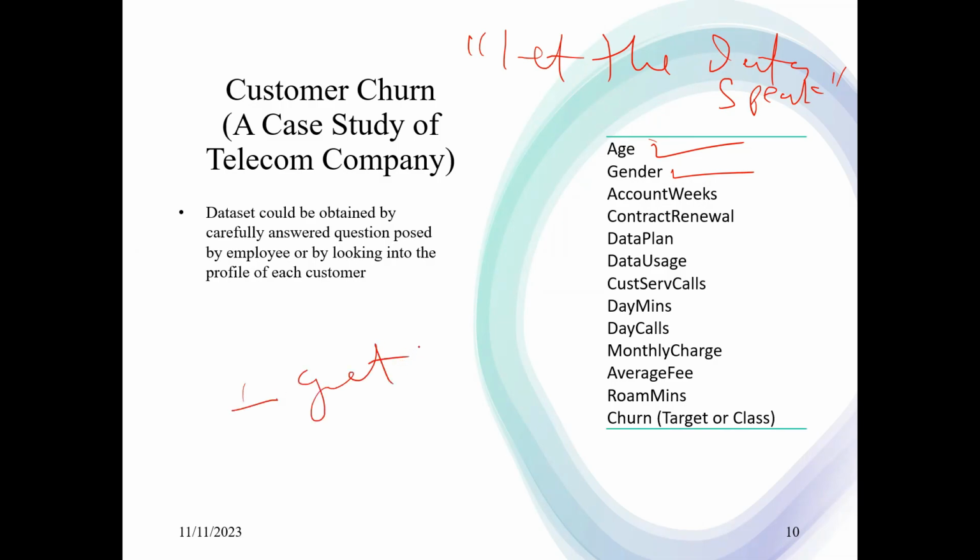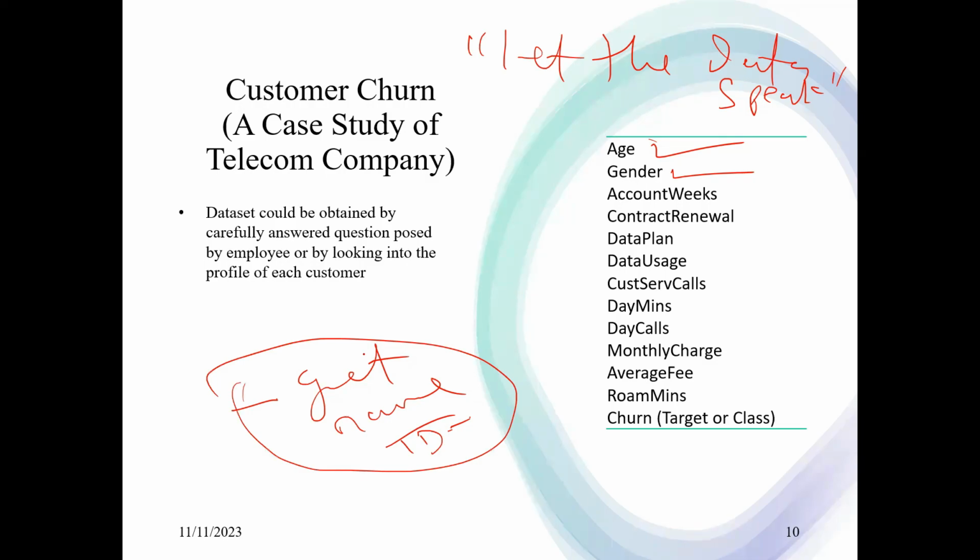In fact, all the information that is in your database, with the exception of any information that can identify the customer or the patient, is what you should get. This is the only thing you should remove from the list. For example, their name, their ID, maybe national ID or social security number, anything that can be used to trace that customer, we don't need them because these are very sensitive information.